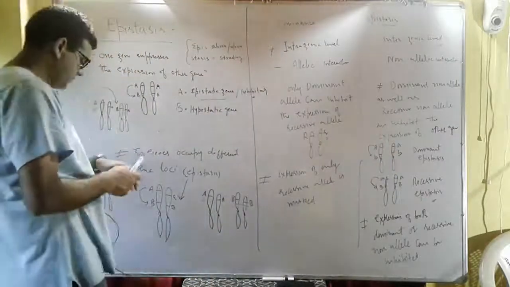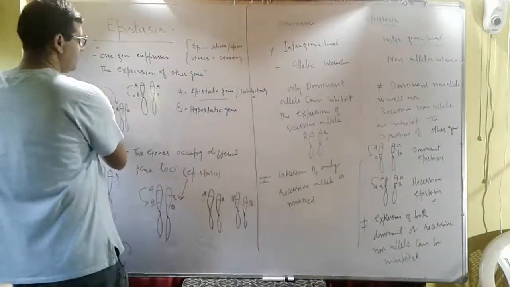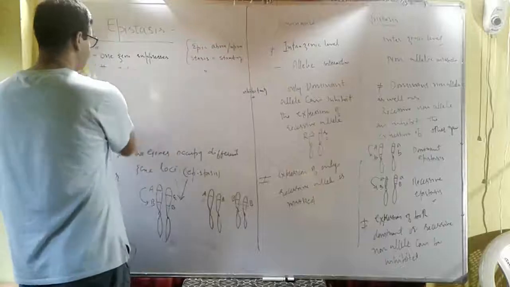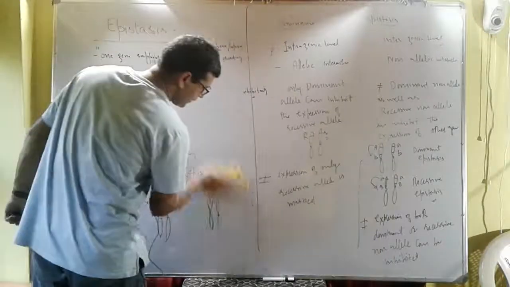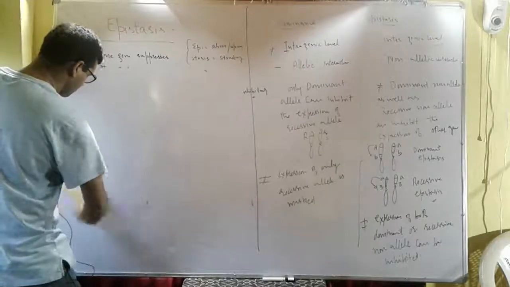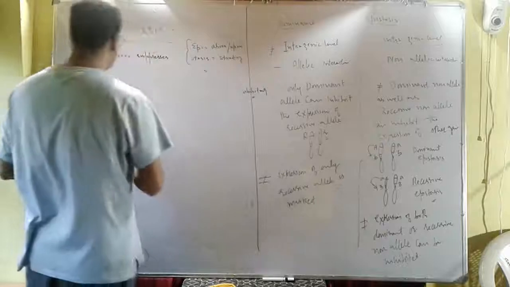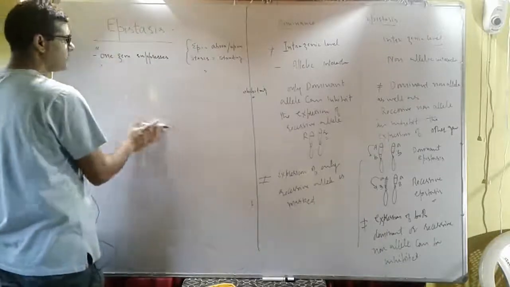Another important thing regarding epistasis is that it reduces the number of phenotypes in F2 because of the suppression or inhibition activity of the epistatic gene.